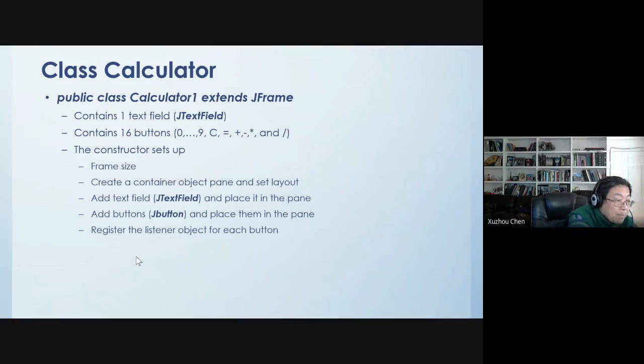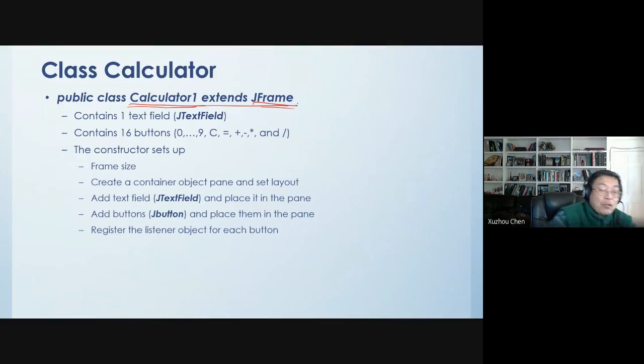So here I'm going to talk about the calculator. What I do is I create the calculator using, remember, the second approach. I declare Calculator1 as the derived class of JFrame.